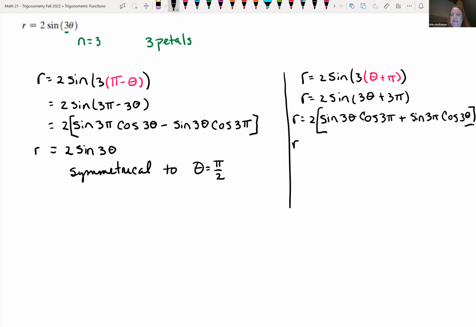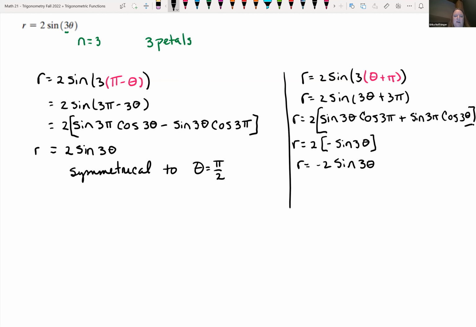So simplifying this down, we get r is equal to 2 times cosine of 3 pi, that's negative 1. So we would have negative sine 3 theta. Sine of 3 pi is 0, so that would cancel out that last grouping. And so r is equal to negative 2 sine of 3 theta, which is not what we originally had.